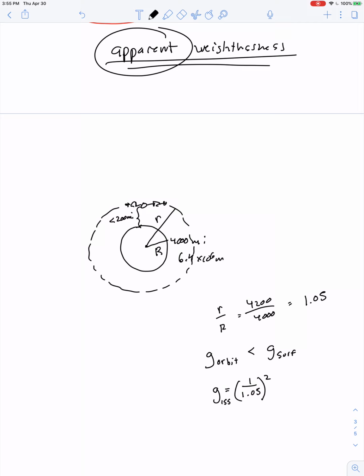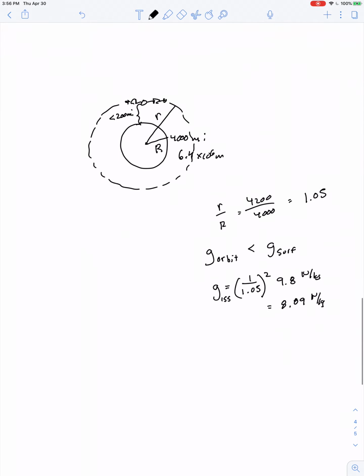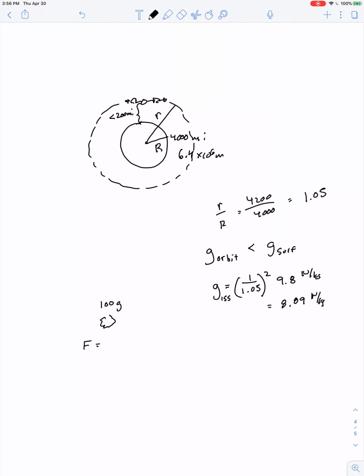So the gravitational field strength at the position of the ISS is the inverse of 1.05 quantity squared multiplied by 9.8, which is equal to 8.89 newtons per kilogram instead of 9.8 newtons per kilogram. So a little blob of water has a force of attraction with the Earth, and let's say this blob of water has a mass of 100 grams.